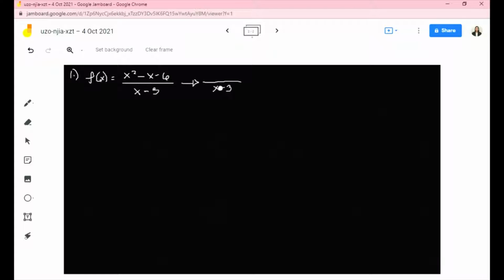For the numerator, let's have the factors for our first term and the third term. In this case, our first term is x squared, so the factor of x squared is x times x.